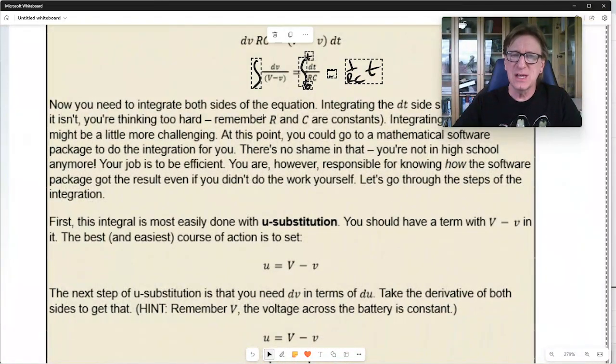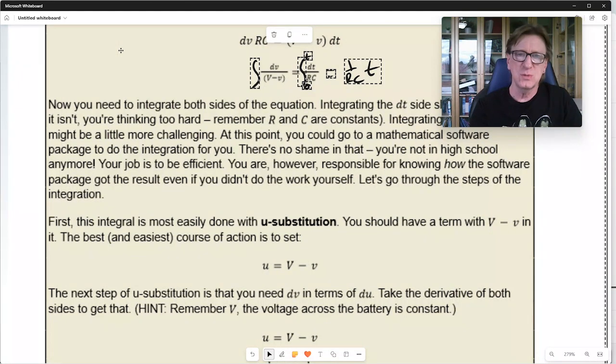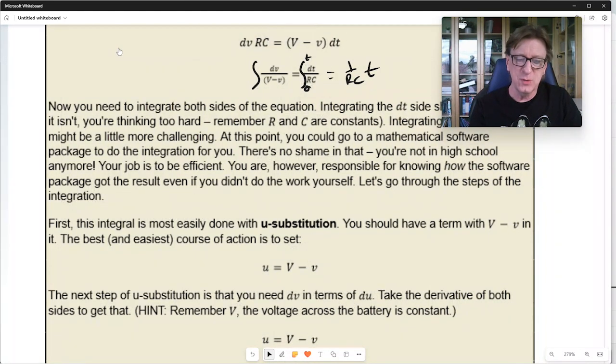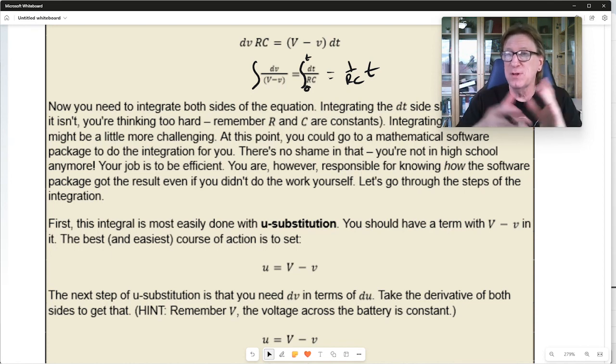Integrating the other side is quite a bit more complicated. What you will often do in the real world is punch this into Mathematica or any of a number of software packages where it'll actually solve that integral for you. And you can do that right now. It's probably worth doing. Wolfram Alpha is the successor to Mathematica. It's one of the best things. It's got natural language programming.